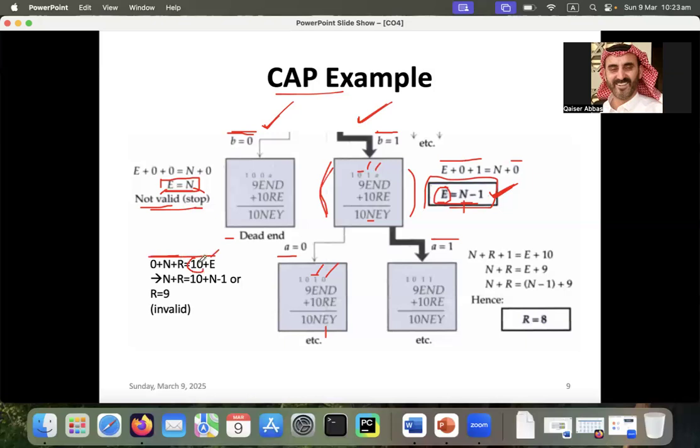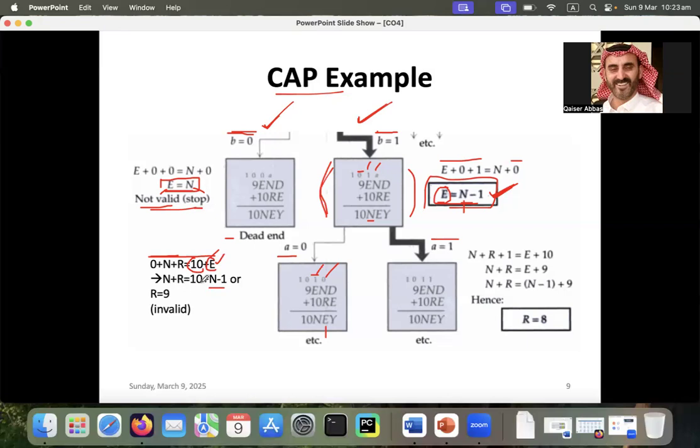Okay, so this is the equation. After simplifying, you will have n plus r equals 10 plus e, and e is n minus 1. So now replace this e with that n minus 1. Okay, replaced. Done. Now solve it.